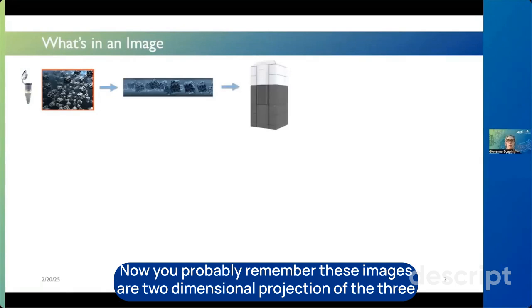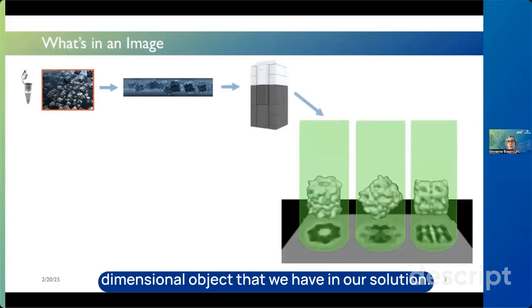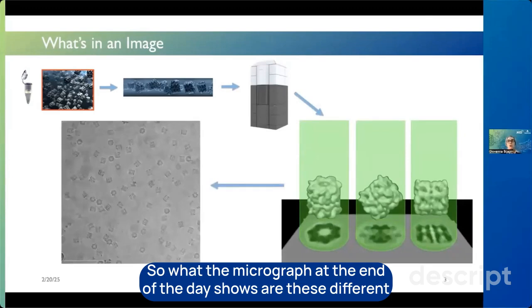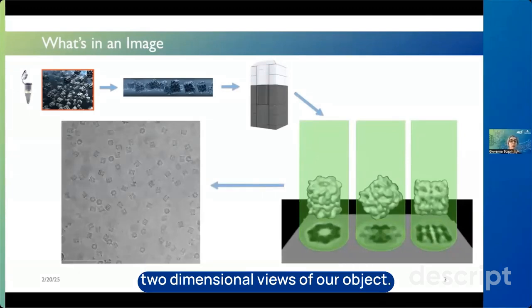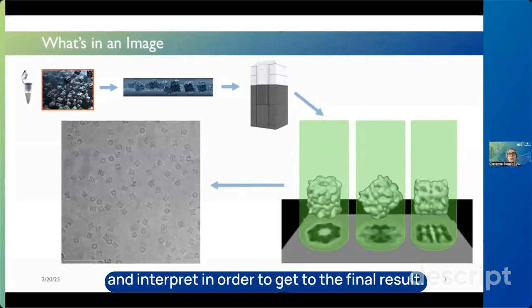Now, you probably remember these images are 2-dimensional projections of the 3-dimensional object that we have in our solution. So what the micrograph at the end of the day shows are these different 2-dimensional views of our object. And this is the data that we now have at hand, and this is the data that we need to process and interpret in order to get to the final result.